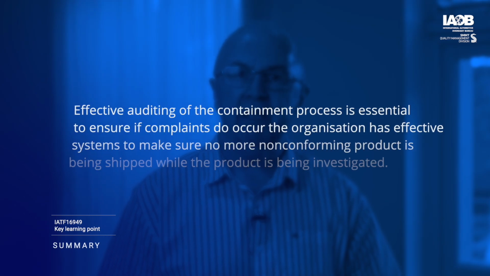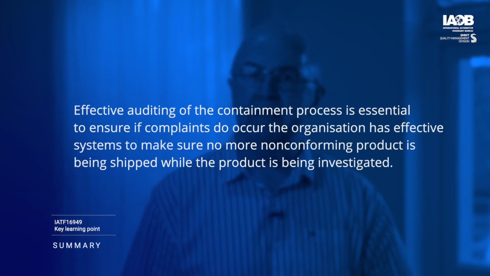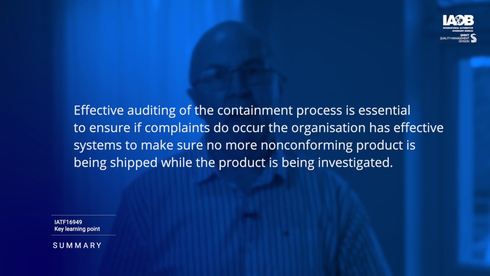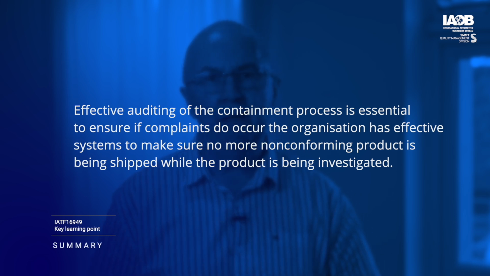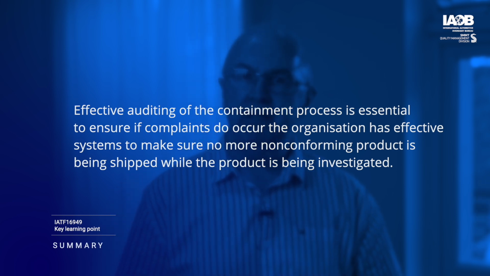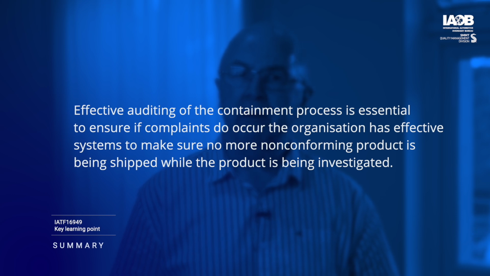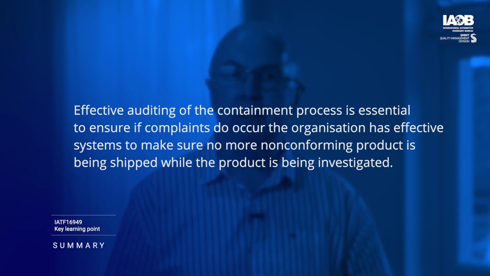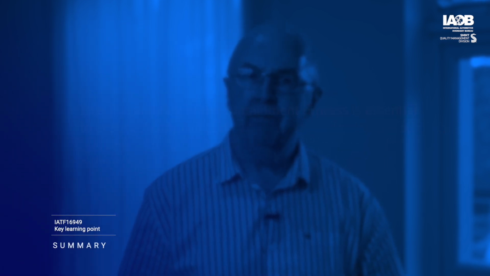So let's summarize. Effective auditing of the containment process is essential to ensure that if complaints do occur, the organisation has effective systems in place to make sure no more non-conforming product is shipped while the problem is being investigated.